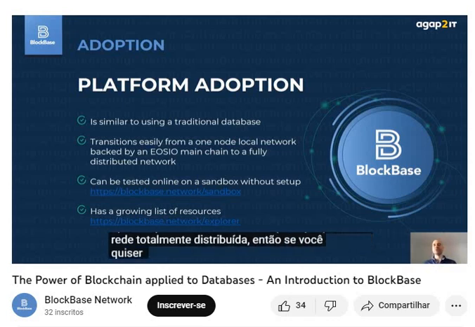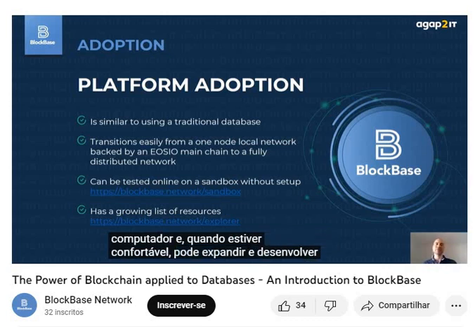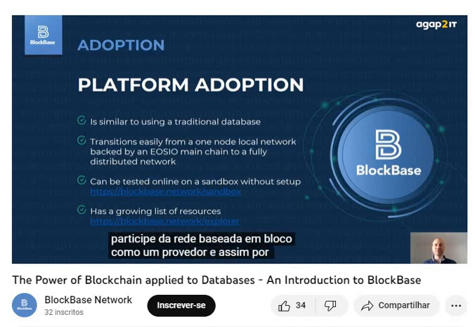So if you want to play with the technology, you can start building a local network on your computer, and then when you're comfortable, you can expand and develop or use a fully distributed network, participate on the BlockBase network as a provider, and so forth.